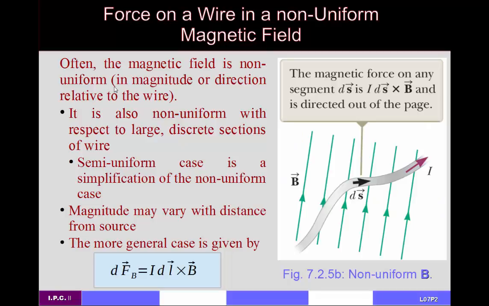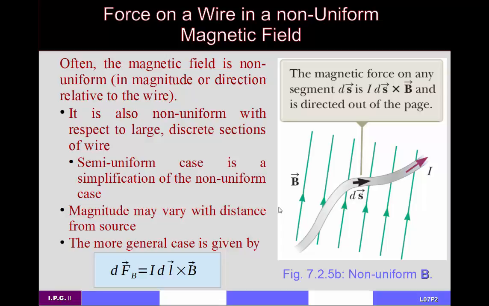Of course, it's possible also for the wire itself to not be so discrete. In other words, for it to be sort of bent, not making straight lines that can be simply added together, or the straight lines are very short segments of the wire only. And if this is the case, then you have a truly non-uniform magnetic field. Similarly, that wire could be in a magnetic field that is varying spatially.